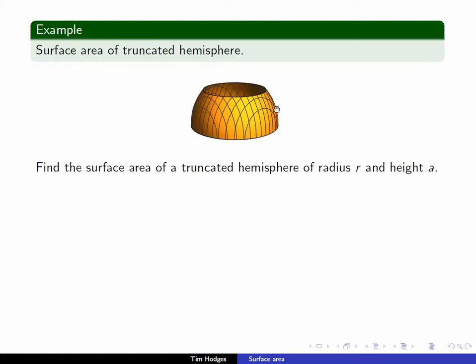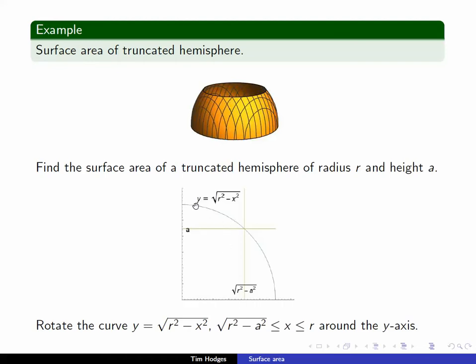Well, we want to revolve the cross-section of this hemisphere around the vertical y-axis. So the cross-section will be a circle of radius r, and we'll center it at the origin. So the curve we want to rotate is going to be y equals square root of r squared minus x squared. And we want to take it up to height a.